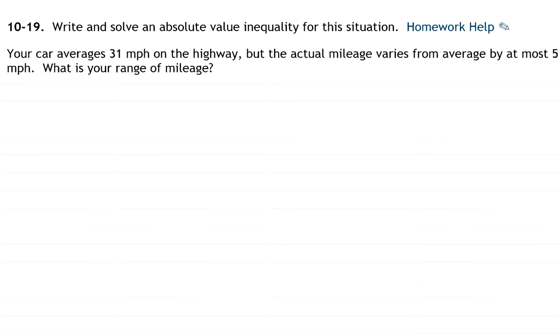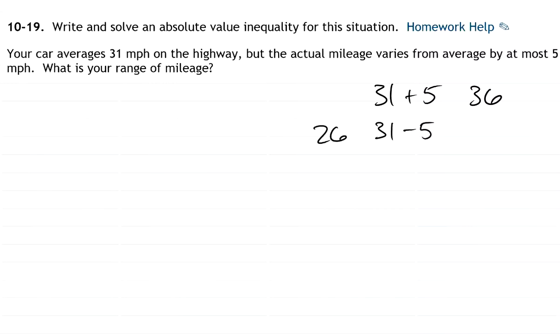Now, just intuitively, if I take the 31 and add 5, I'm at 36. And if I take the 31 and subtract 5, I'm at 26. Is that right? I guess it is 26.